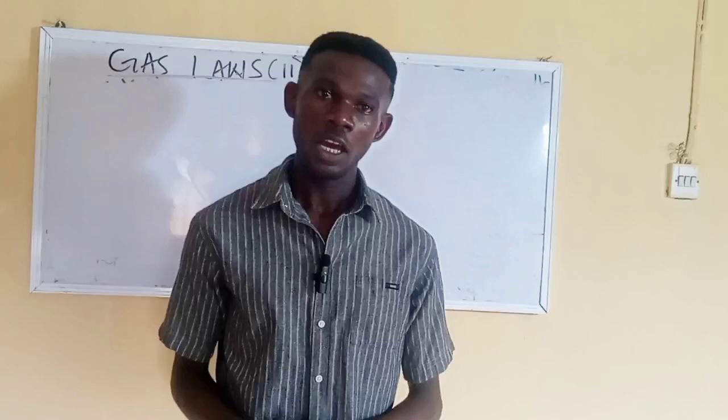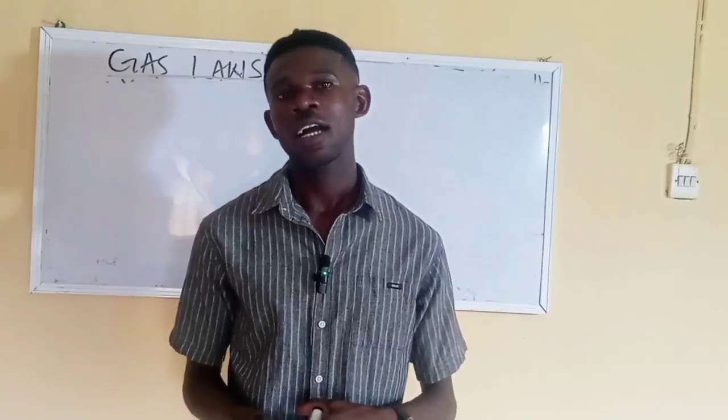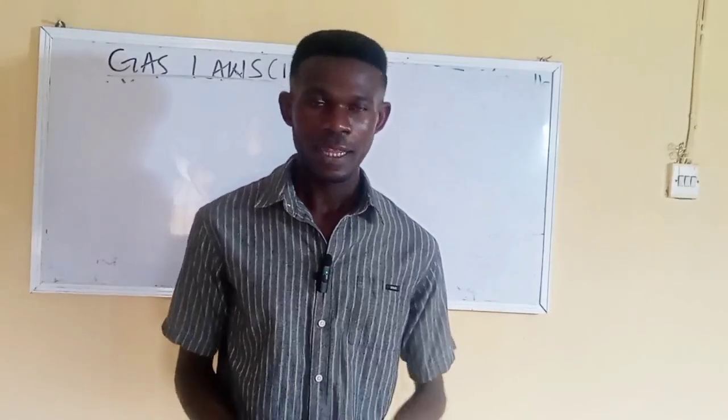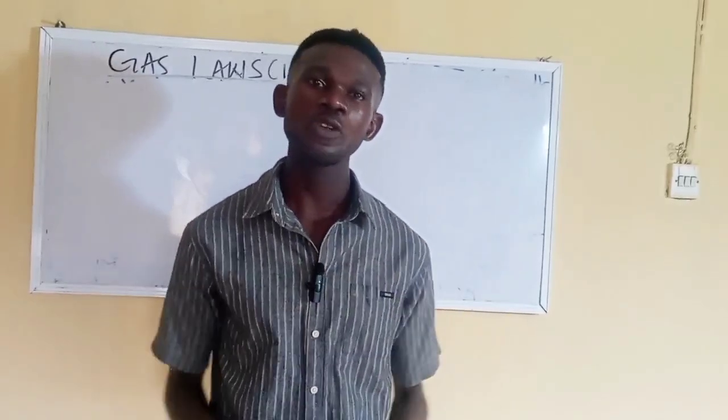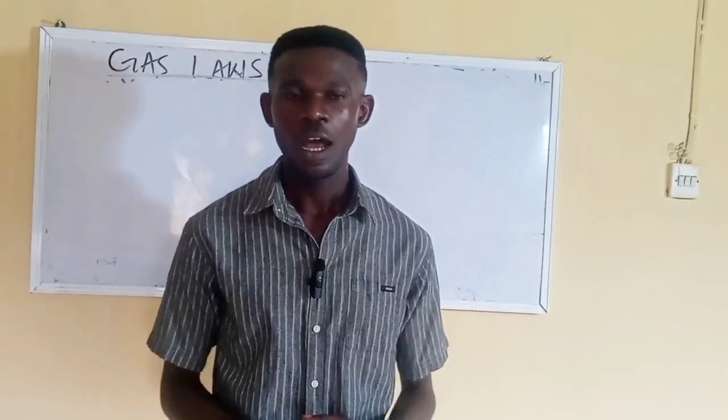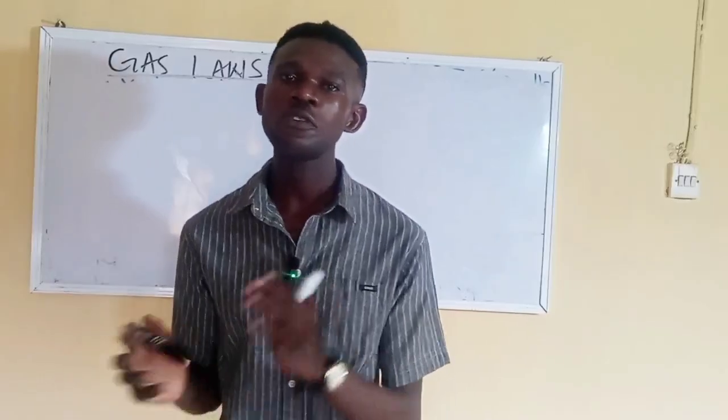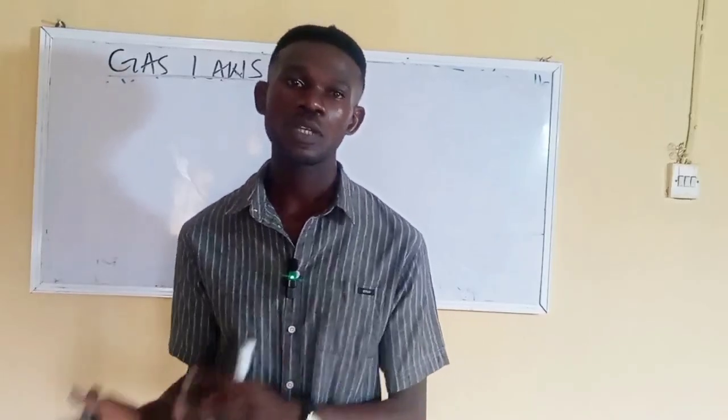Okay, let's talk about Dalton's law of partial pressure. It states that if there is a mixture of gases that do not combine, the total pressure exerted by the gases is a sum of the individual partial pressures of those gases.